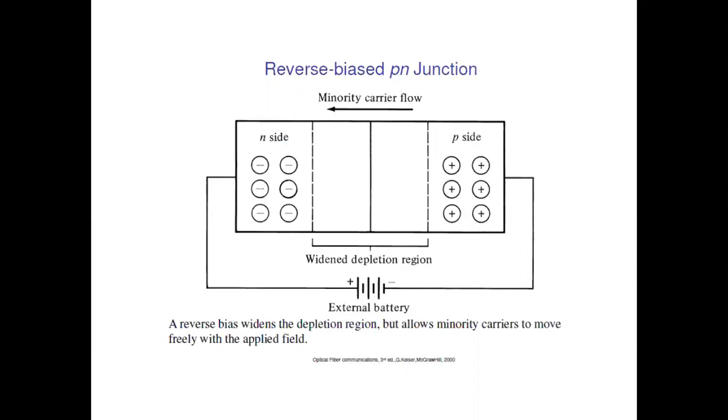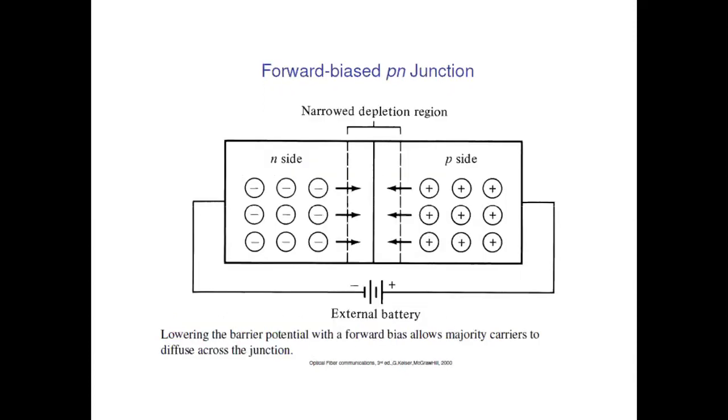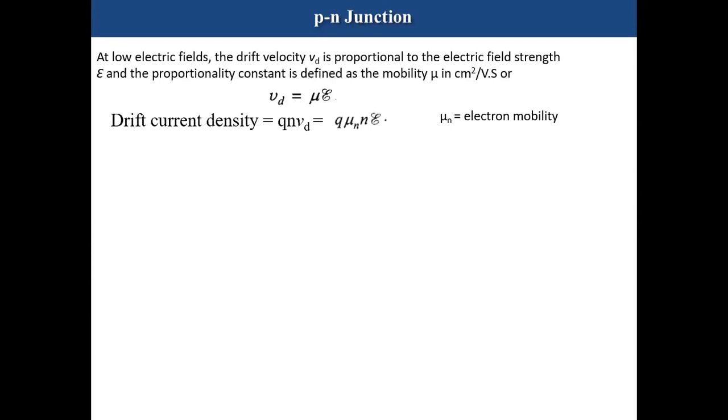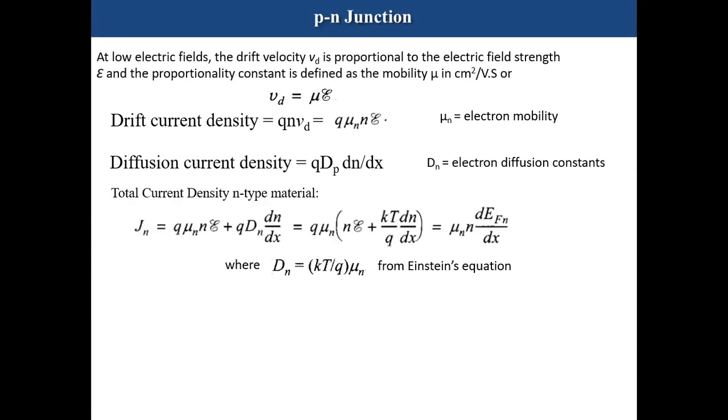Now, a reverse bias PN junction definitely increases this depletion region further, whereas a forward bias takes it away. So you have a current flow across the junction when you have forward bias. We do have the drift current density for PN junctions, and it also has a diffusion component.